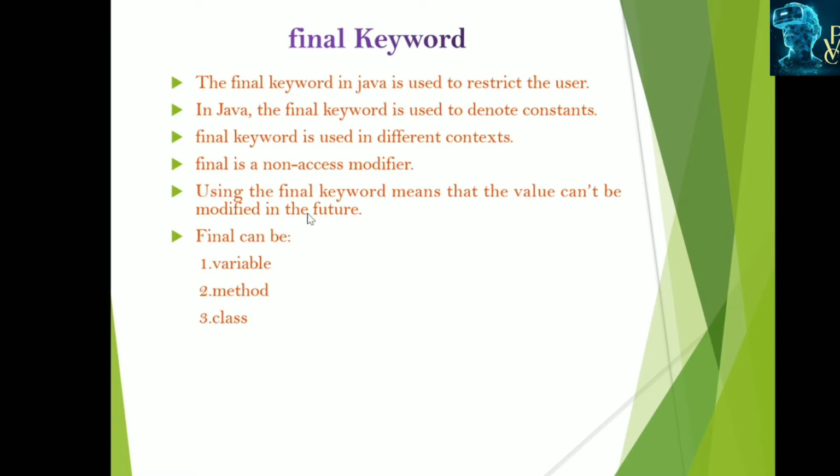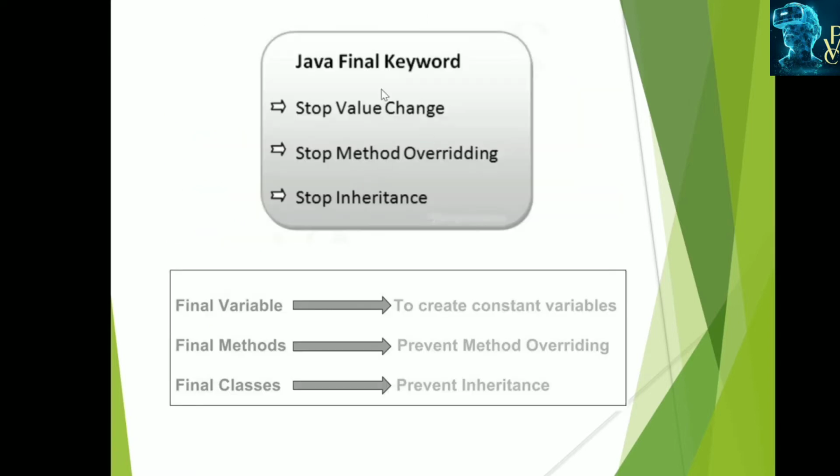First, when we apply final to the variable, it stops the value change. Normally the variables can be changed, but when we apply the final, it stops the value change. So final variables cannot be changed and it stops method overriding.